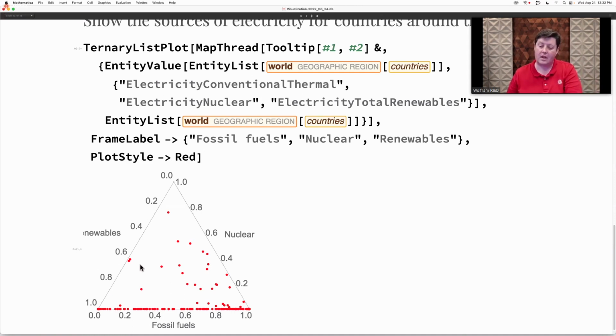And then countries like Sweden and Switzerland have a lot of their energy coming from renewable sources, including Zambia, which I can't get the tooltip to come up. There we go. Which is almost entirely renewables. And in that case, it's hydropower that they're using for their electricity in that country.